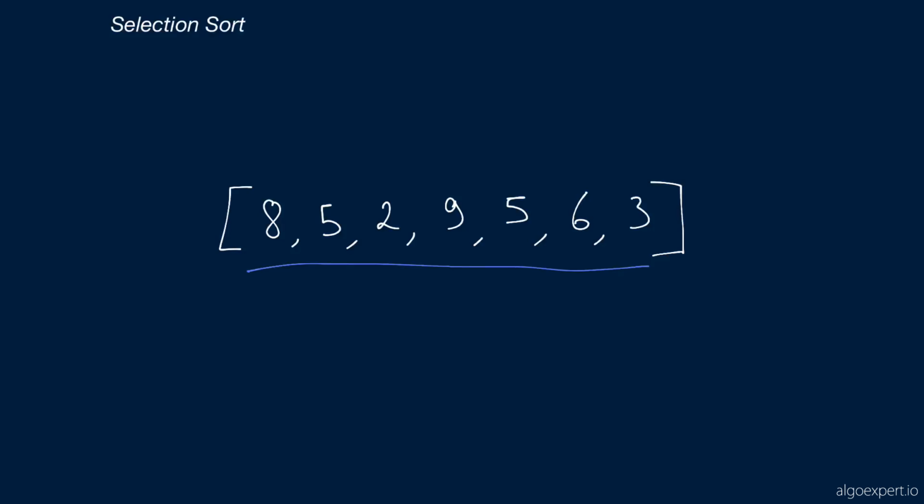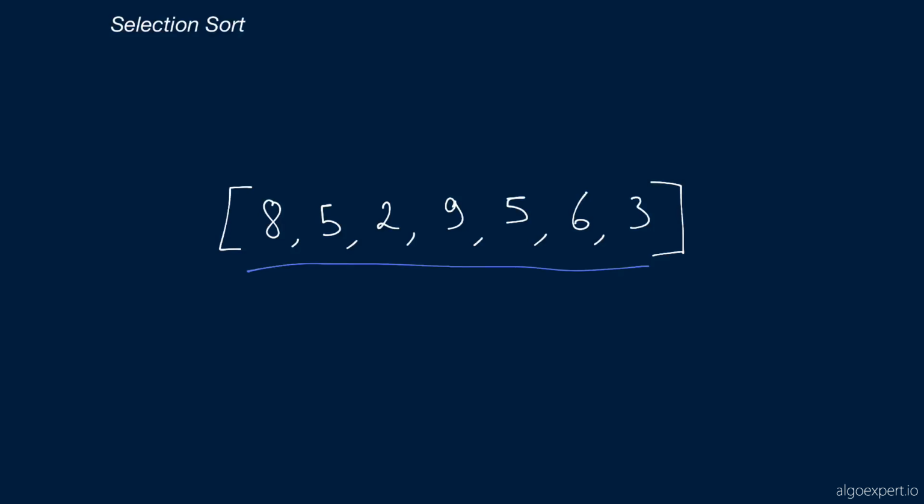Once we have the smallest number, we're going to append it to the sorted sublist, which will make room for it here at the beginning of the array. And we're going to keep doing that until we no longer have an unsorted sublist and we only have a sorted sublist, which is going to be our entire array. And this is all going to happen in place in the input array.